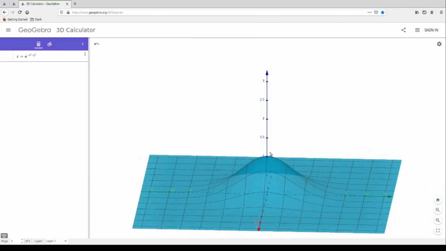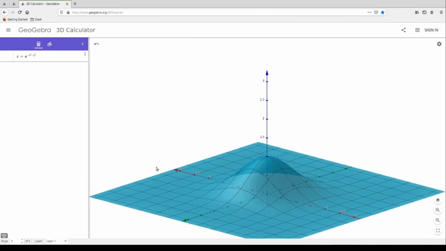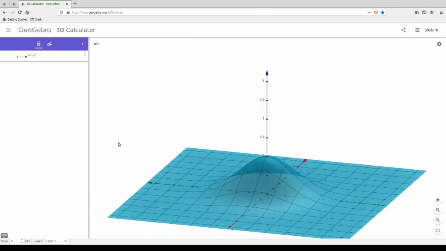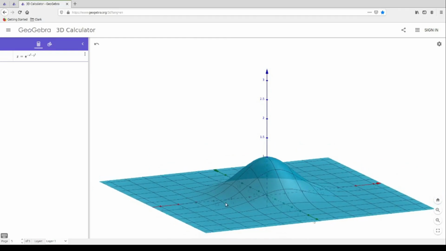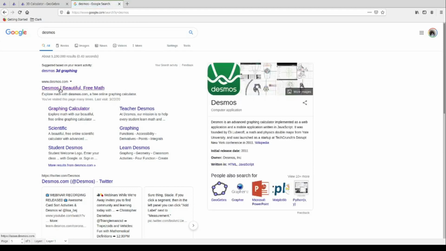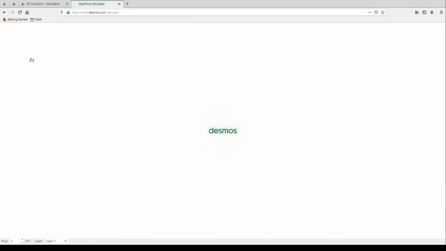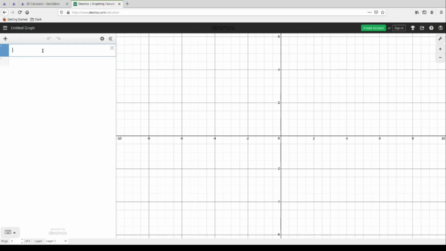So the range is exactly what we would expect, and if we view the level curves of this function using either Desmos or Geogebra, I'll probably use Desmos right here, the level curves of this function look like the following.